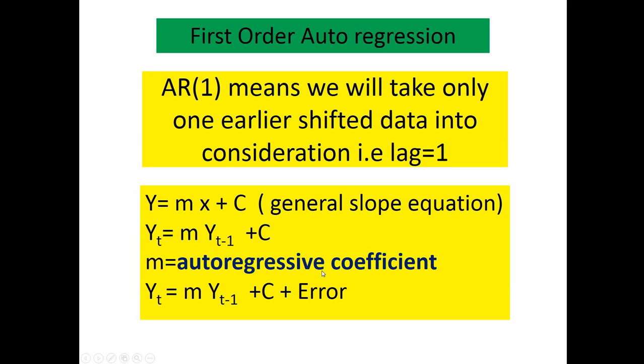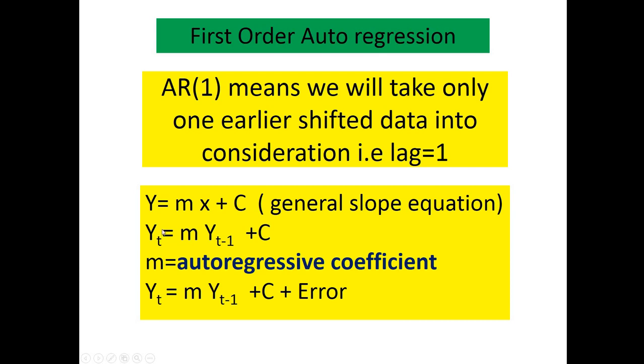And now we will discuss what is a first order autoregression. If someone writes AR(1), that means we will take only one earlier shifted data into consideration, that is lag equal to 1. So this is a linear model. y can be expressed as y is equal to mx plus c, where m is the slope and c is the intercept.